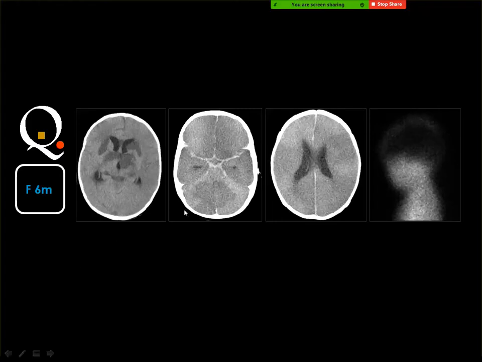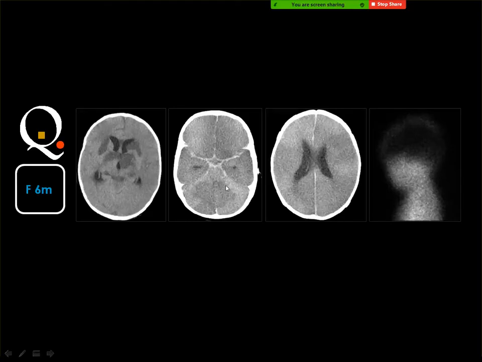This is CT without contrast, then with contrast, and this is a SPECT scan, in which you can see the viable brain tissue. Hypoxic encephalopathy also? Yes, but secondary to meningitis.